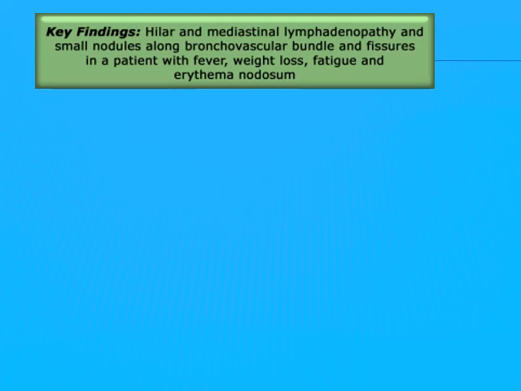I know that these diseases are difficult, but I believe that if you repeat reading these slides several times, you will find it more or less easier. Let me try to summarize. If we see a patient with hilar and mediastinal lymphadenopathy with small nodules along the peribronchovascular bundles, fissures, and septa, and the patient presents with fever, weight loss, fatigue, and erythema nodosum, what do you think he has?